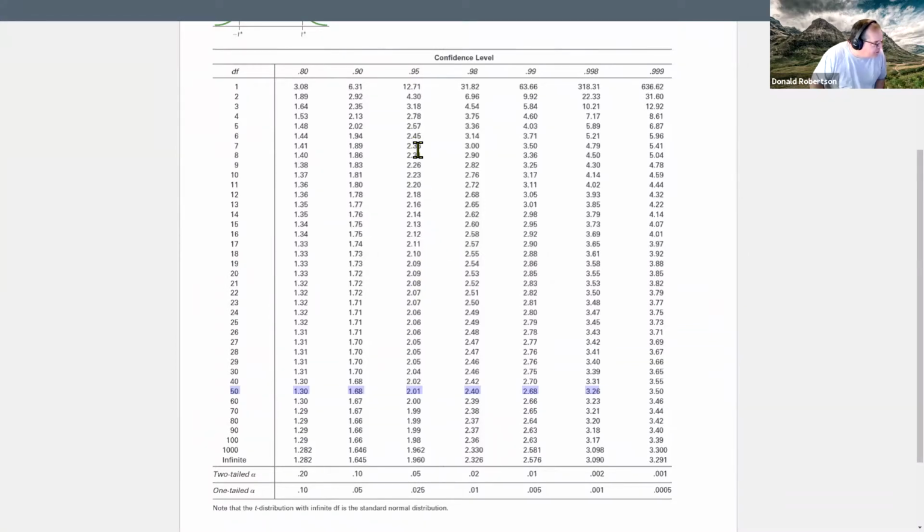For most of its life, isn't it 2 point something? But it's still decreasing. Once you get to the bigger numbers, like sizes of 100, for instance, it's 1.98. And if you get to about 1,000 people in your sample, do you see that the magic T number is pretty darn close to the guy they're calling infinite? And do you recognize infinite as the Z score?